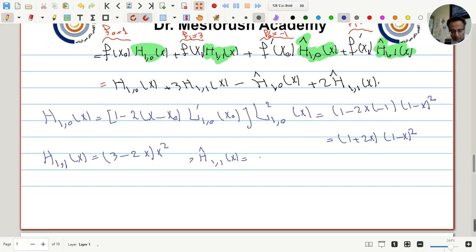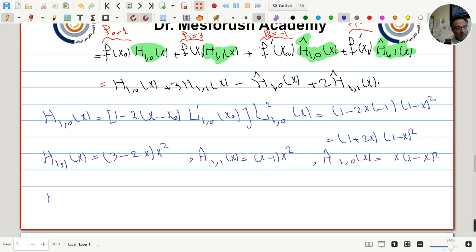This is equal to (x minus 1) times x squared, and finally H hat 10 at x will be x times (1 minus x) squared.